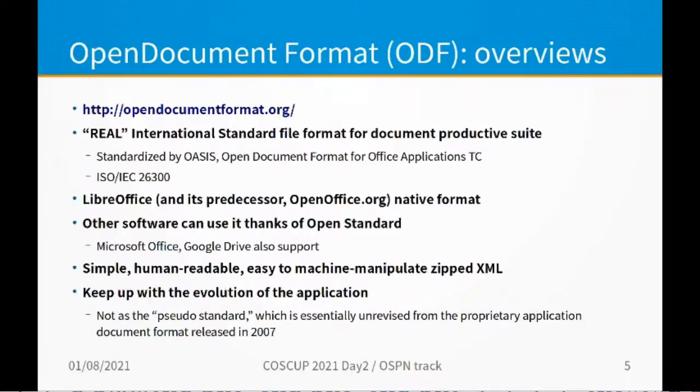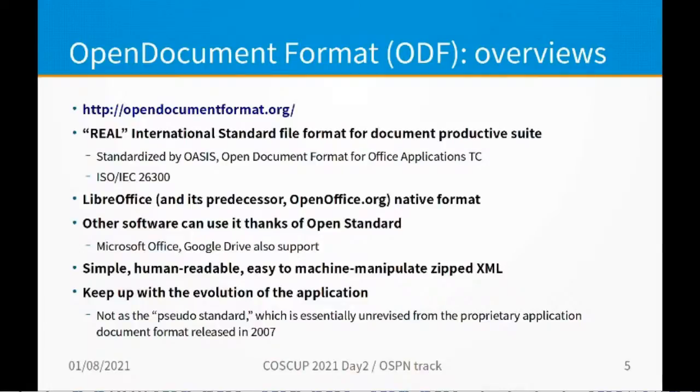This is standardized by OASIS, the Open Document Format for Applications TC. TC means Technical Committee. And this is also the standard of ISO/IEC 26300.